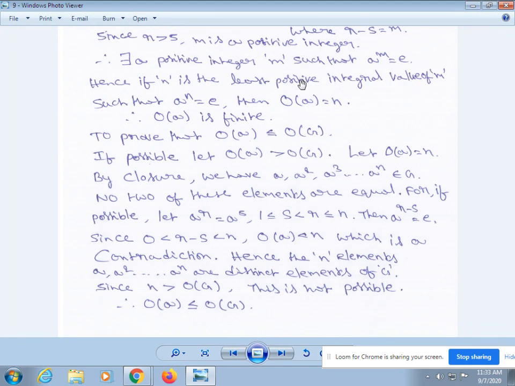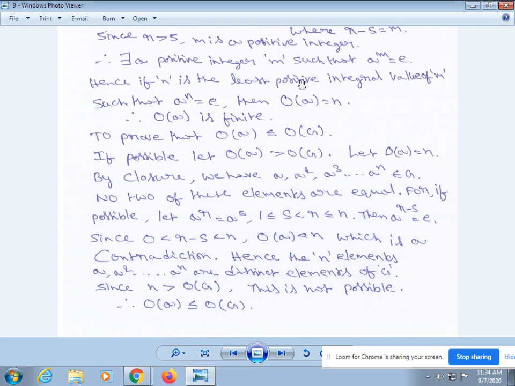To prove that order of a is less than or equal to order of G, if possible, let order of a be greater than order of G. Let order of a equal n. By closure, we have a, a square, a cube, and so on, a power n, which belong to G. No two of these elements are equal. For, if possible, let a power r equal a power s, where 1 is less than or equal to s, which is less than r, which is less than or equal to n. Then a power r minus s equals e.